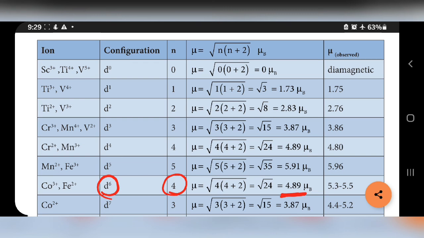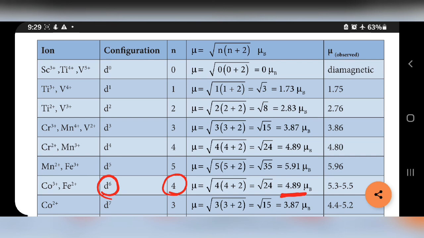How did we get that root n into n plus 2 formula? That formula is obtained from mu equal to g into square root of s into s plus 1 mu B. So here 3 symbols are there. One is g, that is the dimensionless magnetic moment, s means spin quantum number and mu B means Bohr magneton.